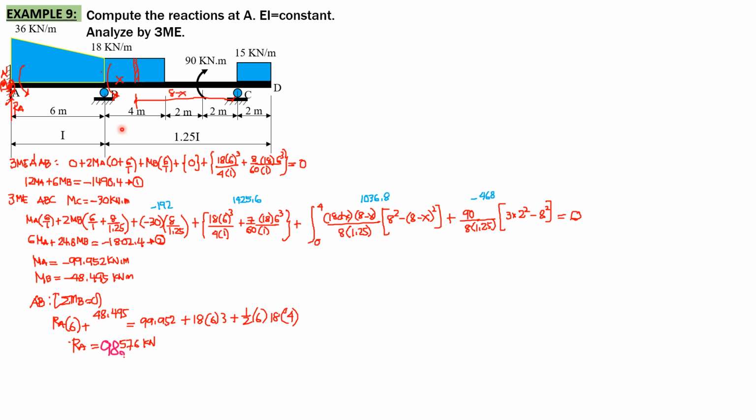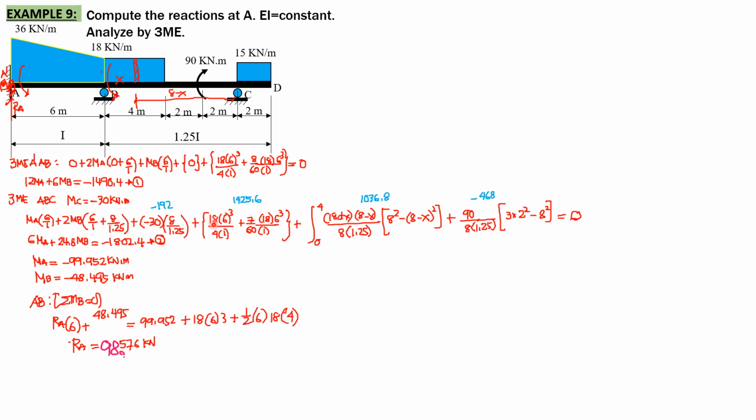So setting up equations for ABC, moment at A times length 6 over I1 plus 2 times MB, quantity 6 over 1 plus BC, which is 8 divided by I 1.25, plus moment at C, which is negative 30 times 8 over 1.25, then plus 6 area 1A over E1 I1 L1 for the portion AB. It consists of rectangular and triangular load.